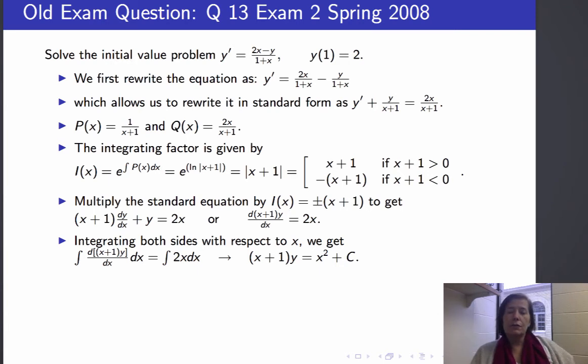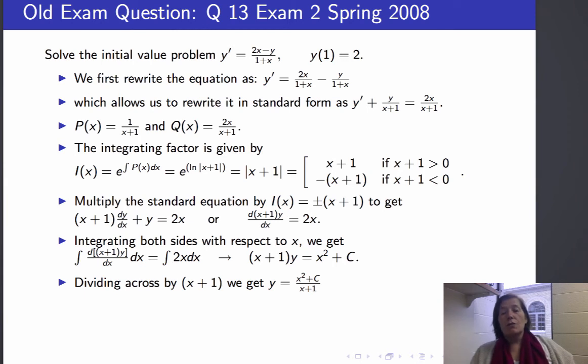And of course the integral of 2x is x squared plus some constant, and on the left-hand side, because the integral and derivative are inverse operations, it's (x plus 1) times y, plus some constant, but we can roll that constant into the constant on the right. So now we want to solve for y. We divide across by x plus 1, and we get y equals (x squared plus c) over (x plus 1).